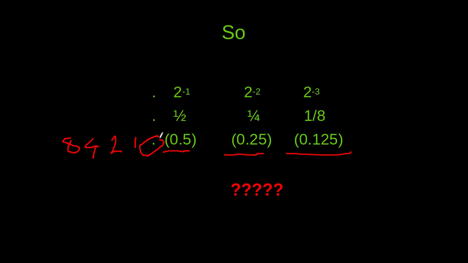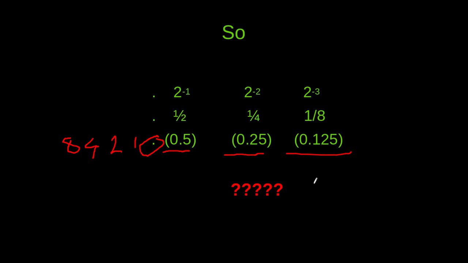On the right of the decimal point we're dividing by 2; on the left we're multiplying by 2. 1 multiplied by 2 is 2, multiplied by 2 is 4, multiplied by 2 is 8, multiplied by 2 is 16, multiplied by 2 is 32. Here we're dividing by 2. I have 1 divided by 2 is 0.5, divided by 2 is 0.25, divided by 2 is 0.125.